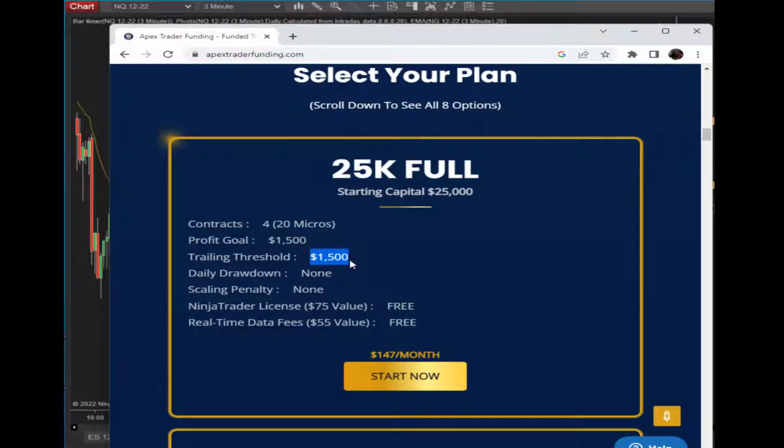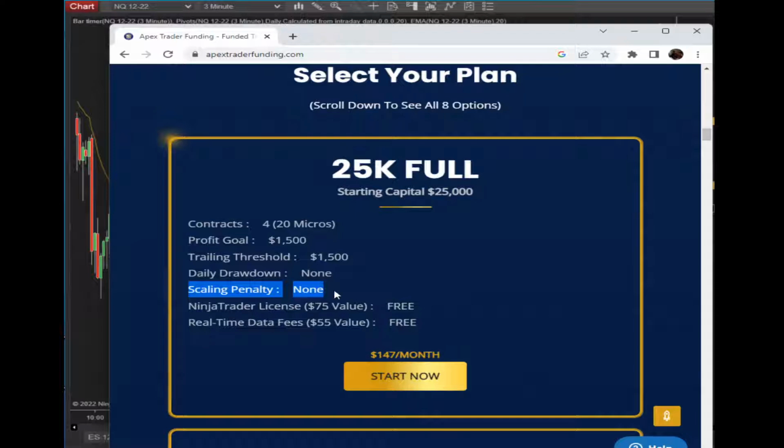There's a reset, and I think it's $80 just to do a flat reset. So if you break a rule, overdraw your account, and wipe it out, you can reset it and basically start from scratch again. However you want to do it. But the cool thing about this is there's no daily drawdown and there's no scaling penalty.